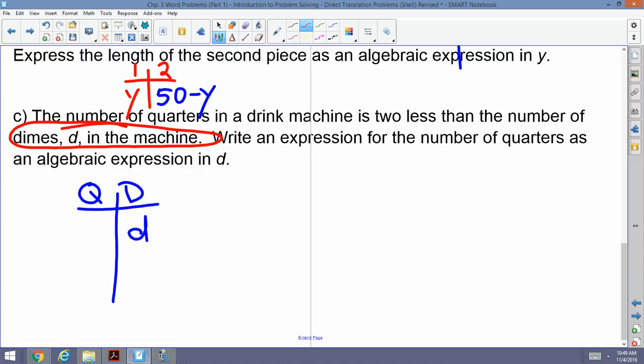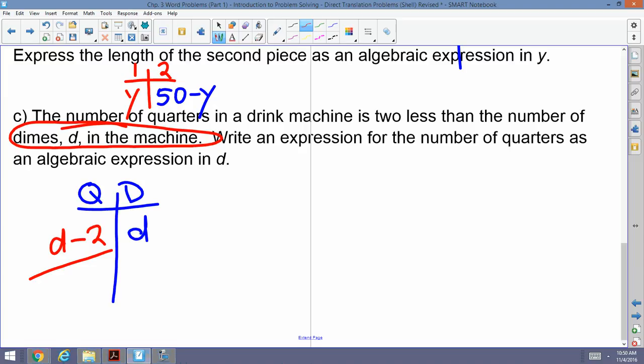That last variable they're talking about is usually the variable you know nothing about. So if D is dimes, perfect. What do we know about quarters? 2 less than the number of dimes. So how would I do 2 less than D? D minus 2. Does that make sense, my brothers?